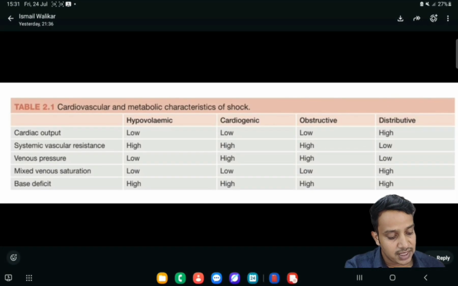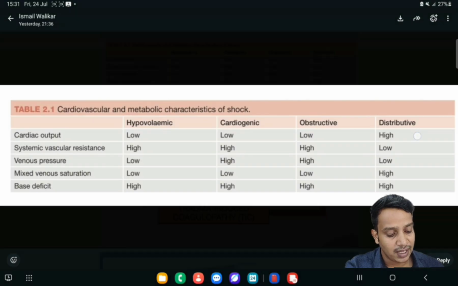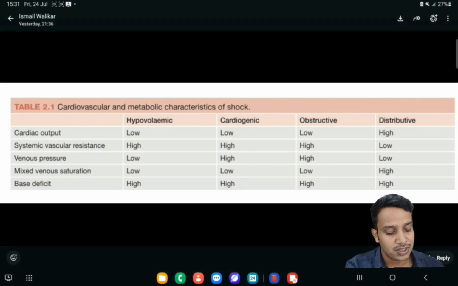And systemic vascular resistance is high in all the shocks, because there is a low cardiac output and severe systemic vasoconstriction, so that it will supply more blood to the heart. But in distributive shock there is profound vasodilation, so systemic vascular resistance is low.